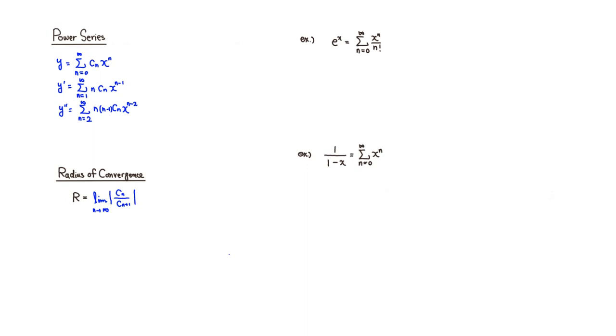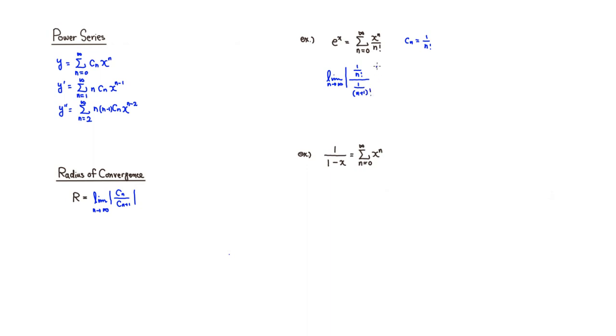We have a power series for e to the x, and let's see what the radius of convergence is. In this example, Cn is 1 over n factorial. So we need to compute the limit as n approaches infinity of the absolute value of Cn, 1 over n factorial, divided by Cn plus 1, 1 over n plus 1 factorial.